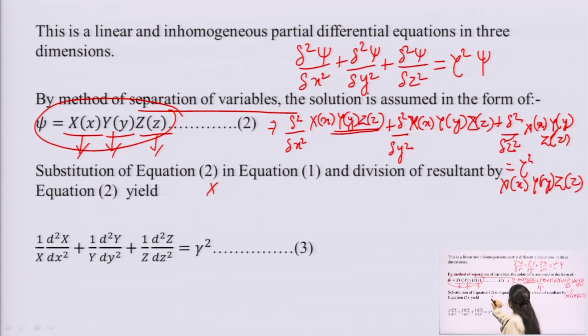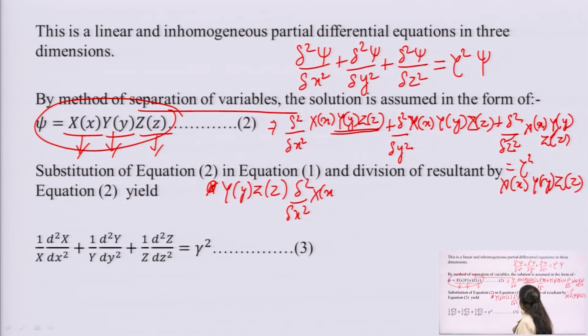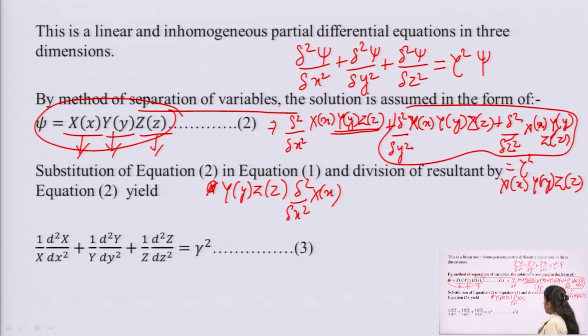So, Y(y) Z(z) comes in front, and we will have the double differentiation of X(x) only. Able to see this? A similar case happens with all the other functions.